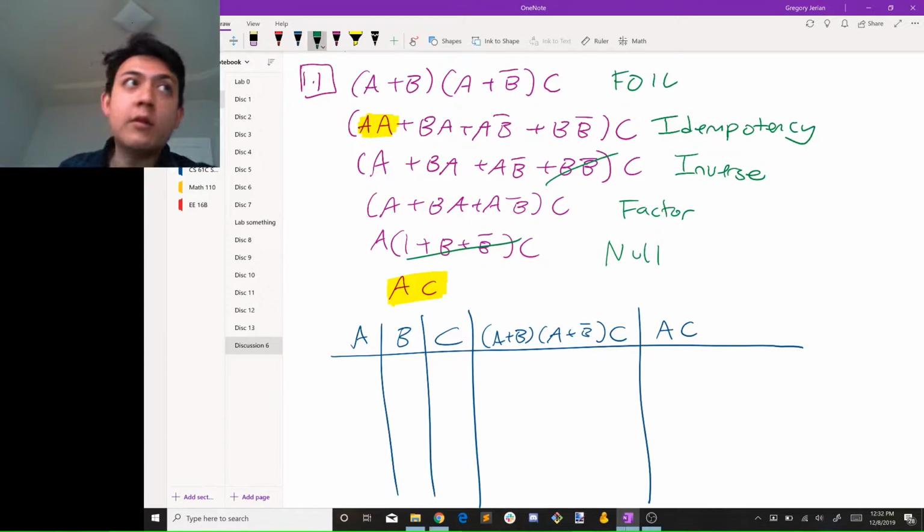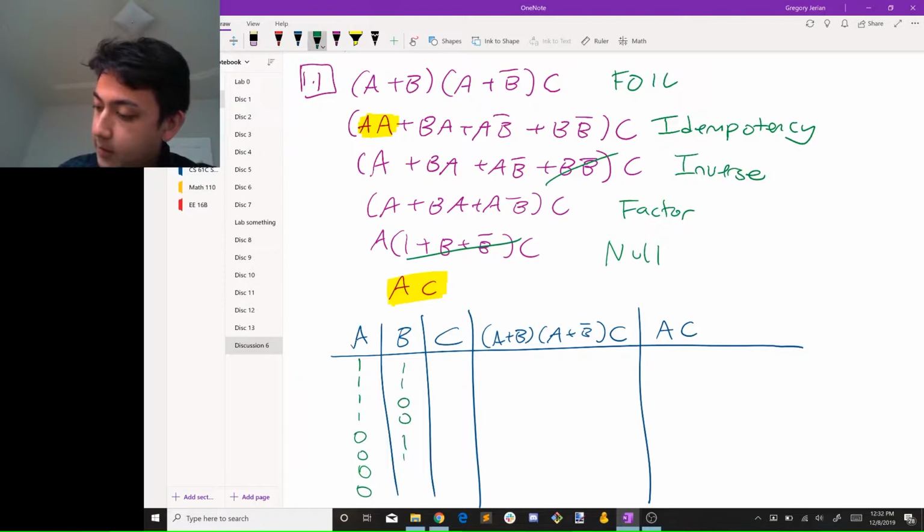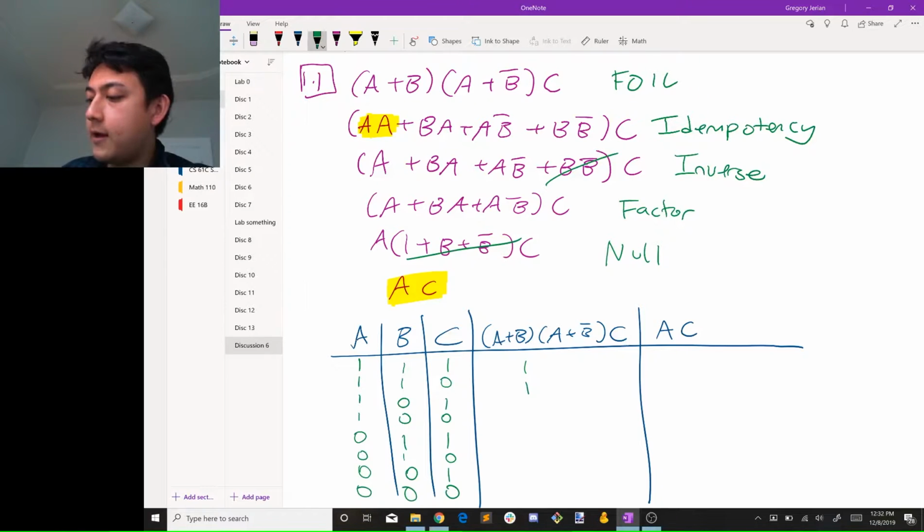So we'll start off with every combination of A, B, and C. Okay, I really don't want to solve this, so I have the answers. If you actually bother doing this, you'll see that this is all zeros except for the first 2 rows. And this one is also all zeros except for the first 2 rows.